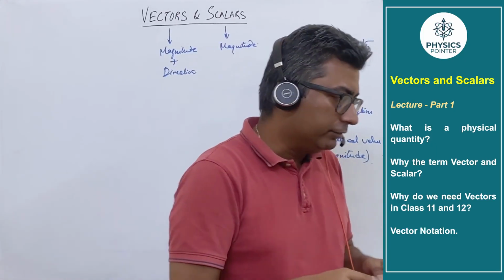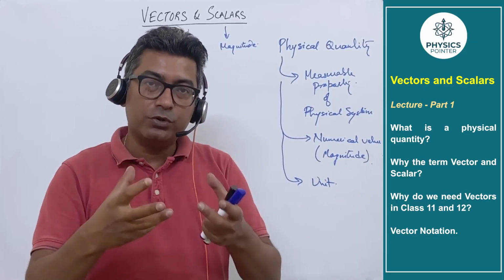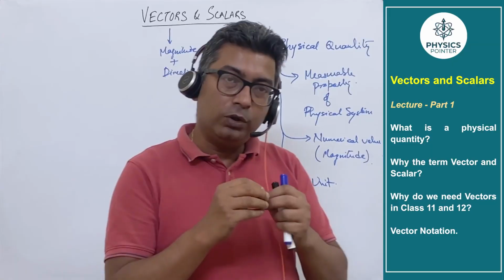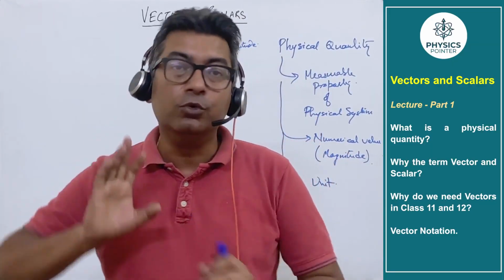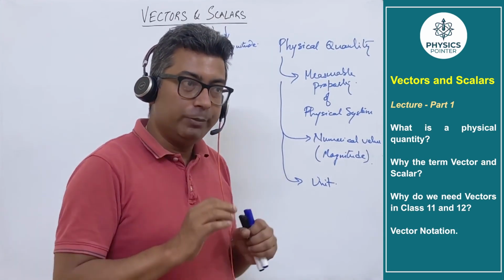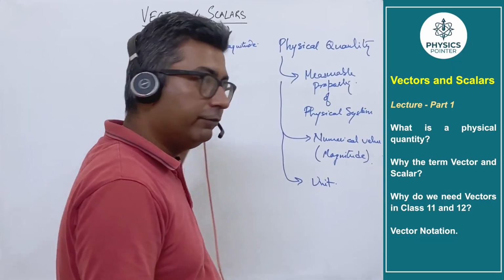Think in terms of that I apply a force on a body. If I don't have the direction, I won't know in which direction that body will move. So for some of the properties, I need to define a physical quantity in terms of a vector.